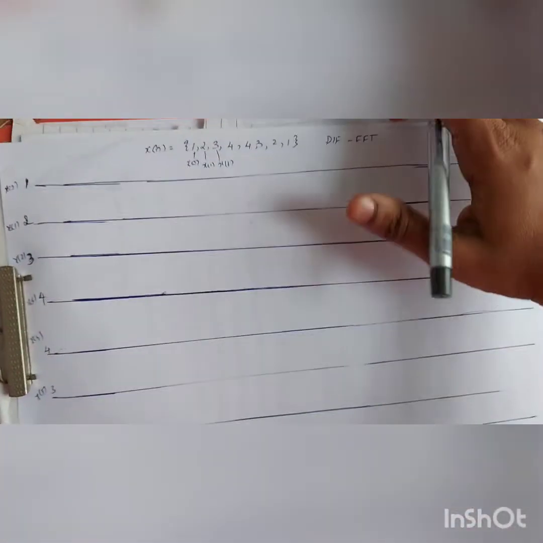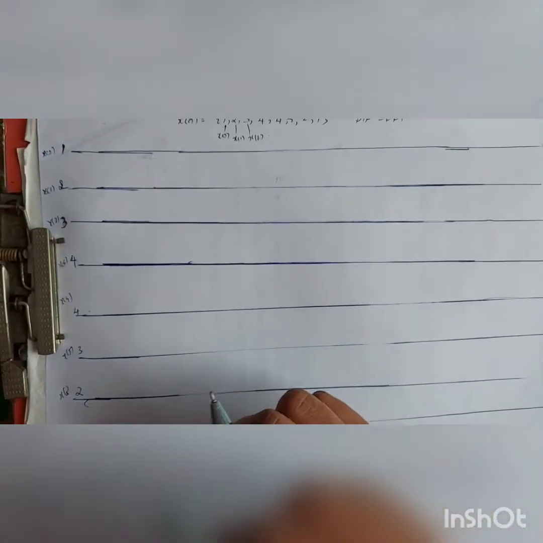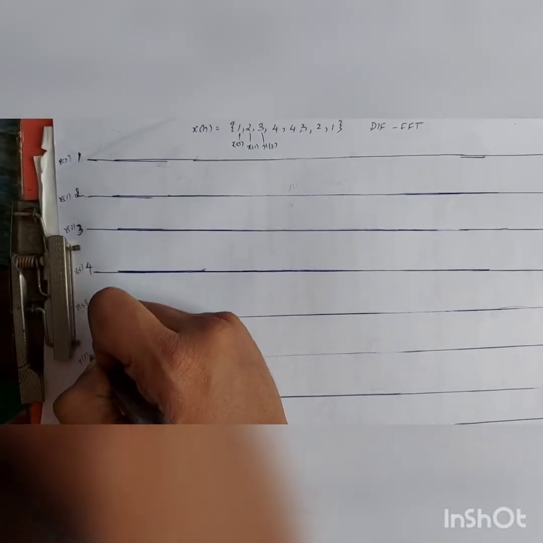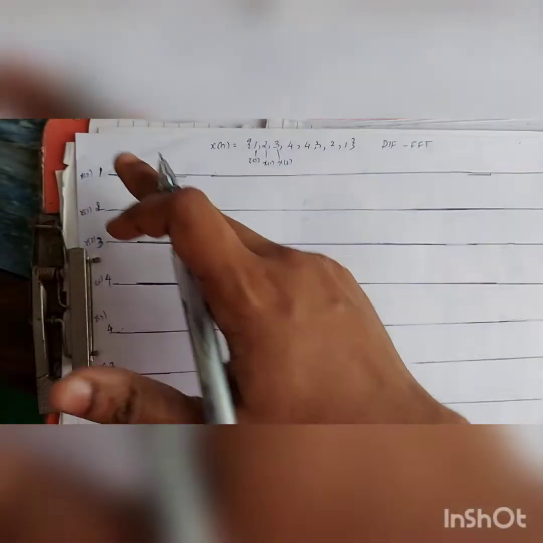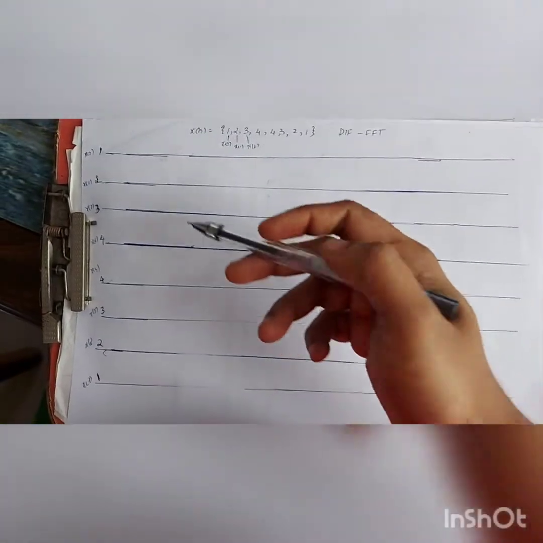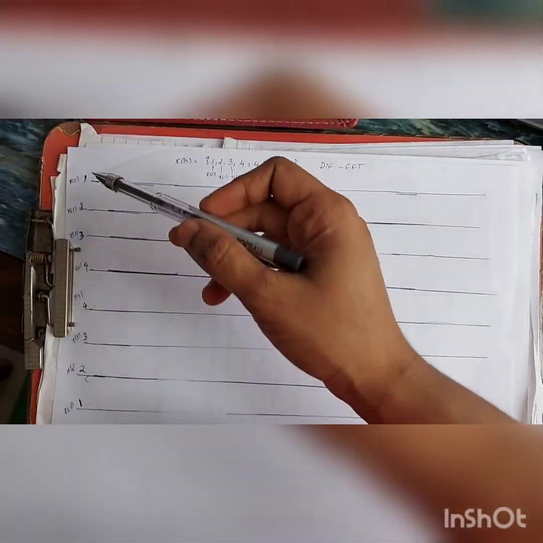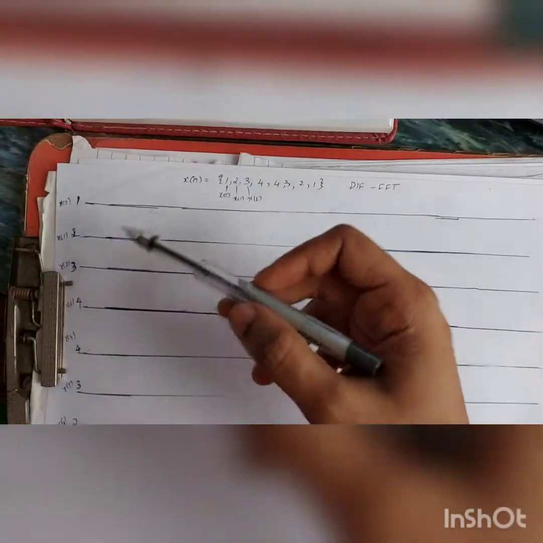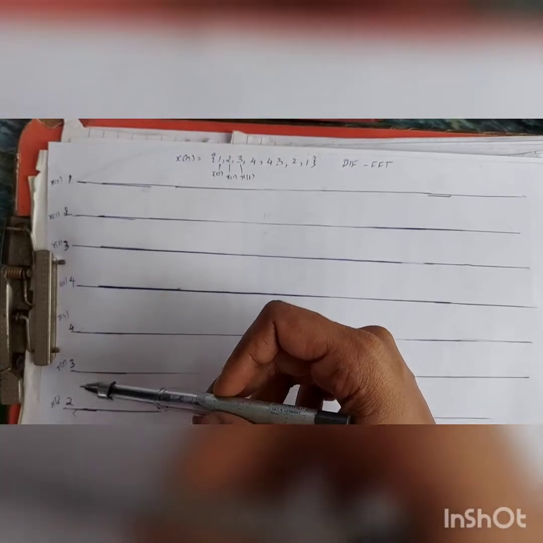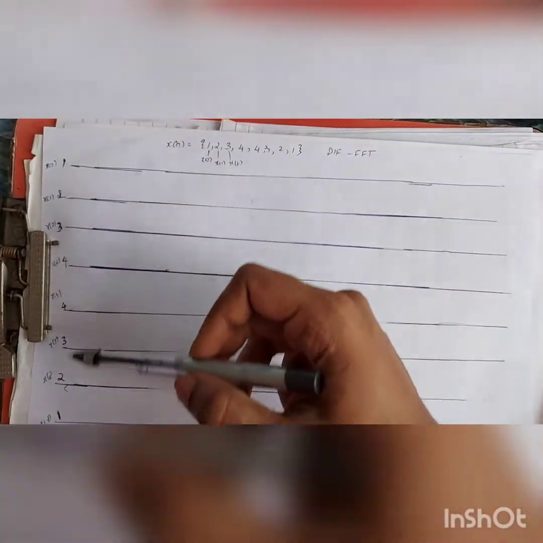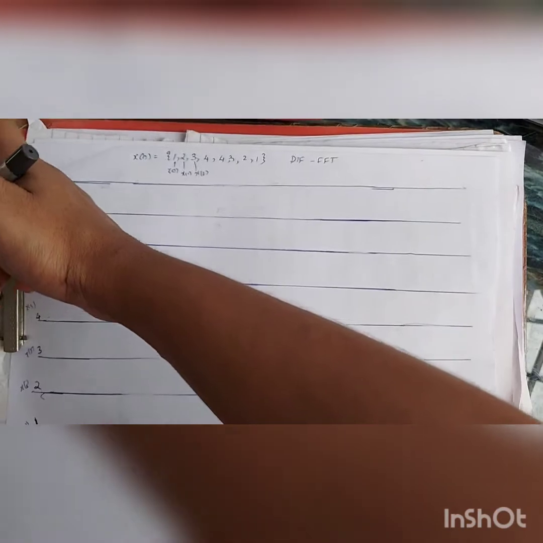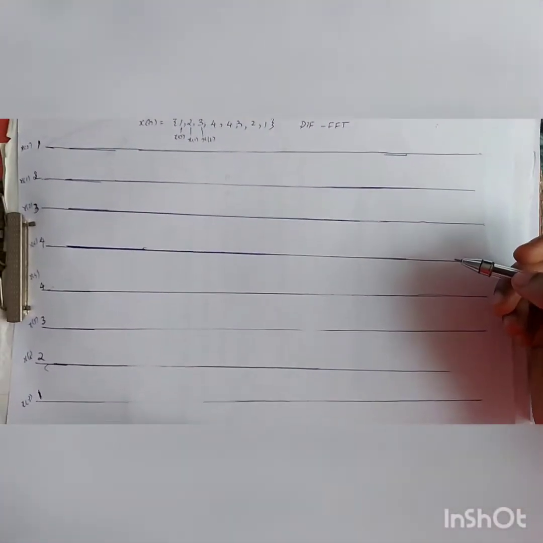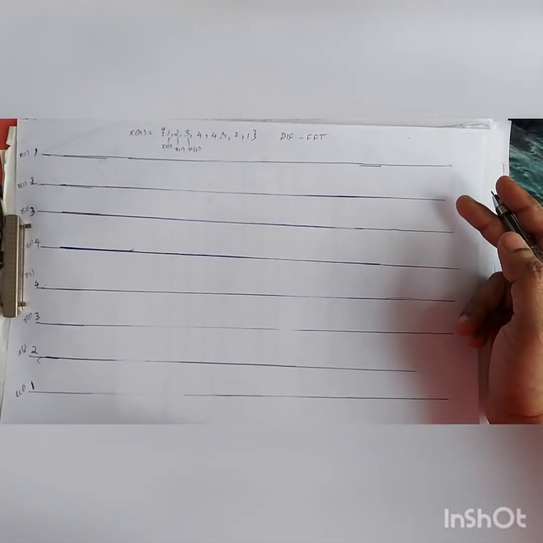In the same order, 4, 3, 2 and 1. So the inputs are written in the same order, x of 0, x of 1, x of 2, x of 3, x of 4, x of 5, x of 6 and x of 7. So what are the inputs? 1, 2, 3, 4, 4, 3, 2, 1. I have written the inputs in the same order, whereas you're going to get your outputs in the bit reversed sequence.